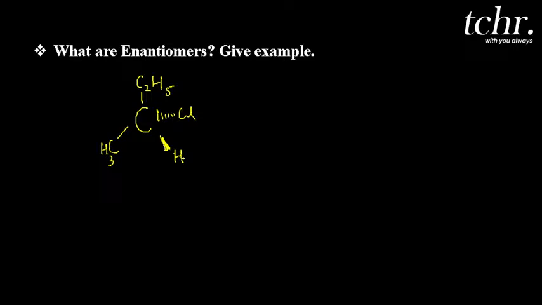If you see this, I have shown it in a three-dimensional structure. So students, I have written it in a three-dimensional form. You can observe the dashed bond and the solid wedge.